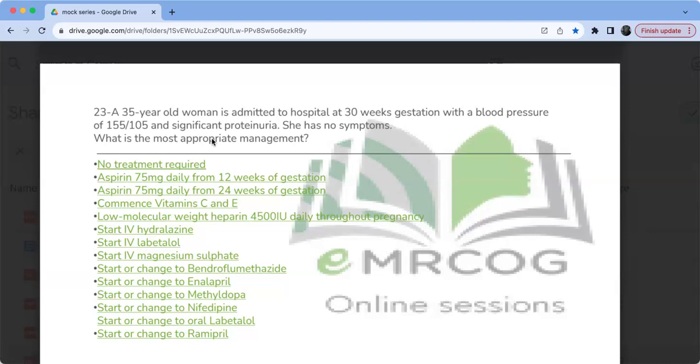Yes, you have chosen oral labetalol. Yes, well done. Which option is a start or a change to oral labetalol? This is the most suitable option of these.